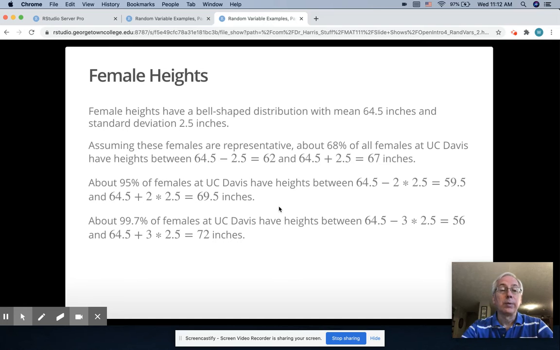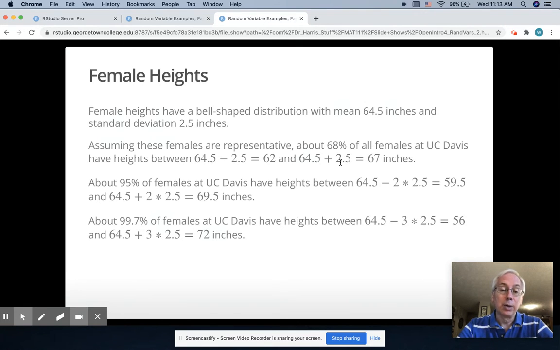So female heights have a bell-shaped distribution, mean 64.5, standard deviation 2.5. We're going to round to 1 decimal place here. If we assume that these heights are representative, then we've got an approximately normal distribution for female heights. They satisfy the 68-95 rule. So I'm going to subtract 1 standard deviation from 64.5 to get 62.